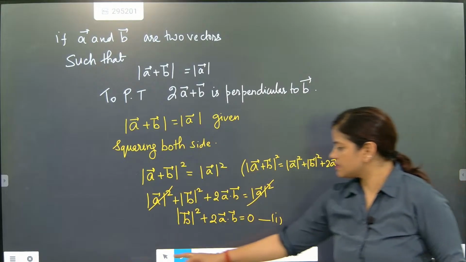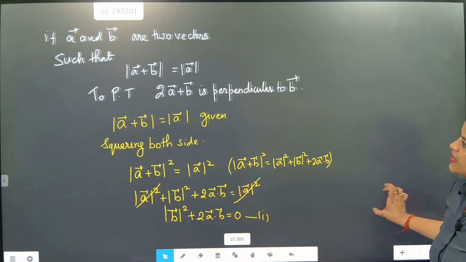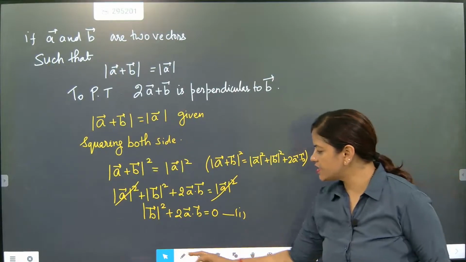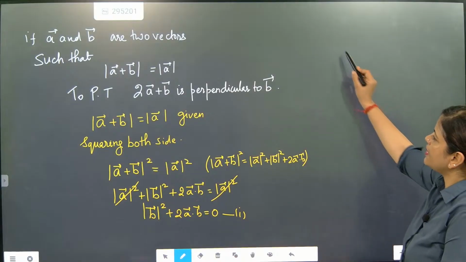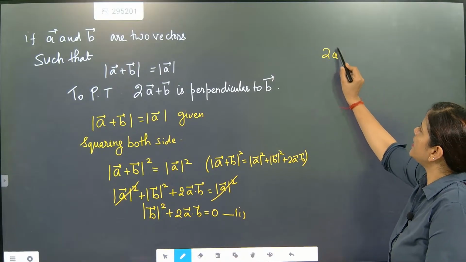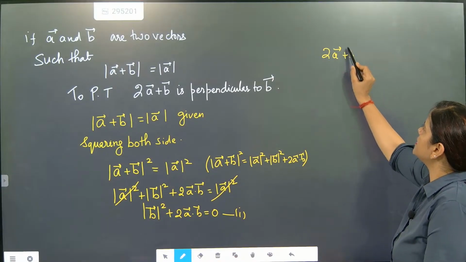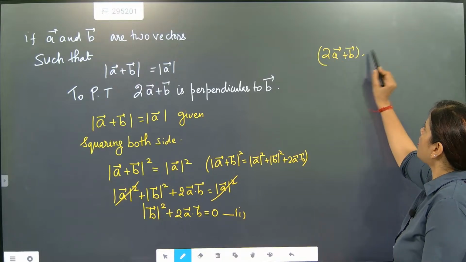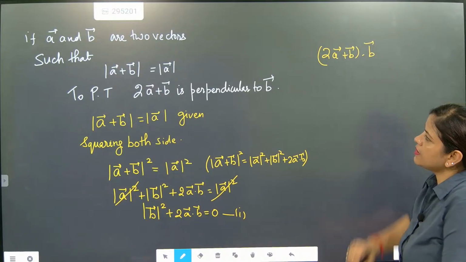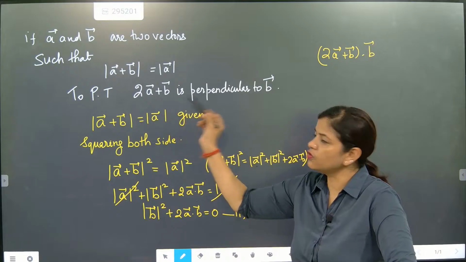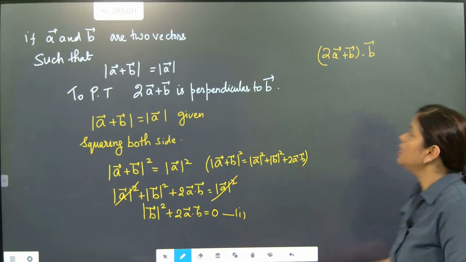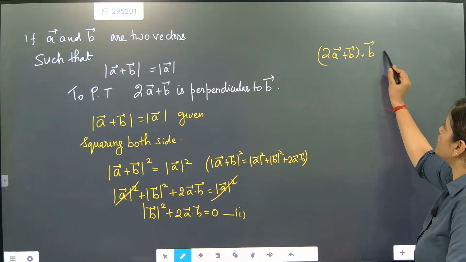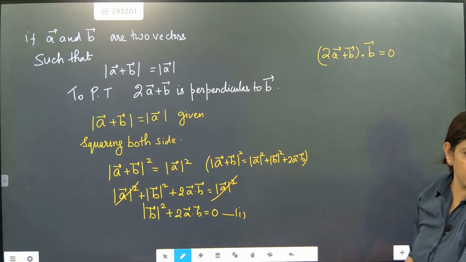Now next part. Once you have done till here, now the next section is what is given to you. We have to prove that 2A vector plus B vector is perpendicular to B vector. Perpendicular means dot product will be equal to 0. Understood?